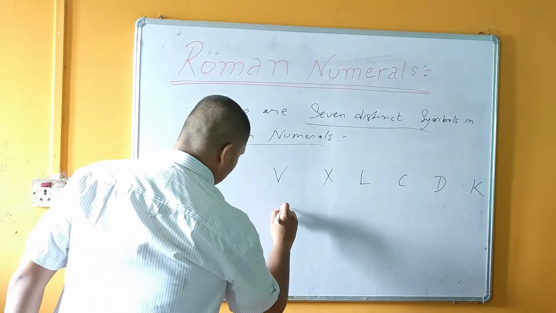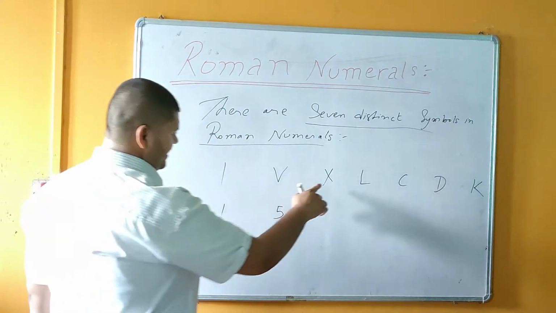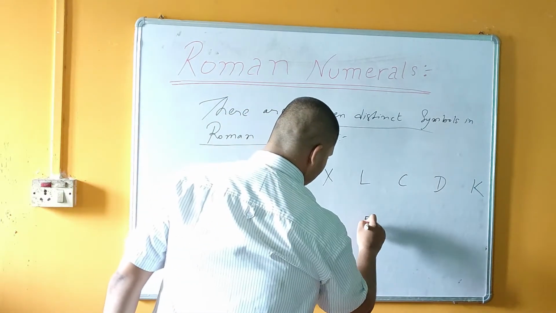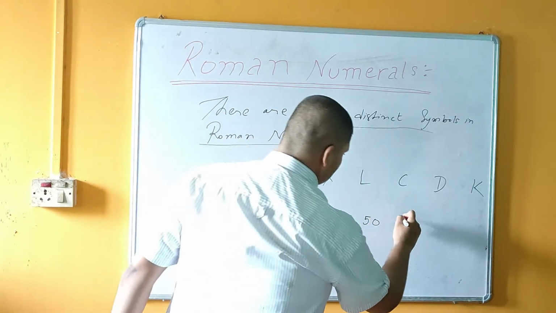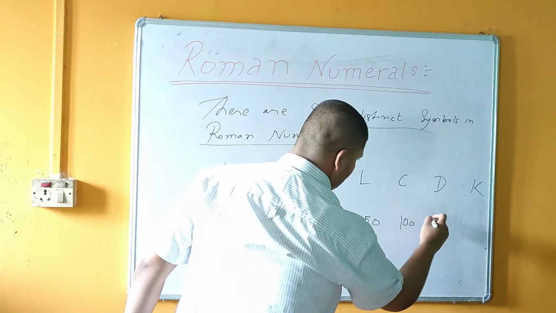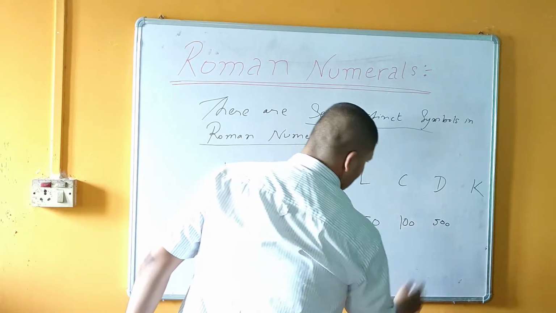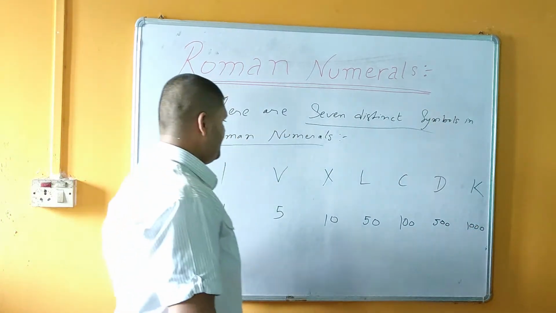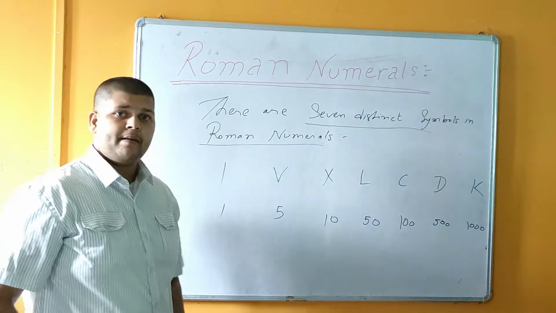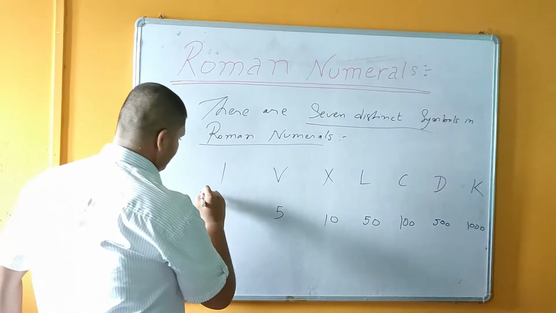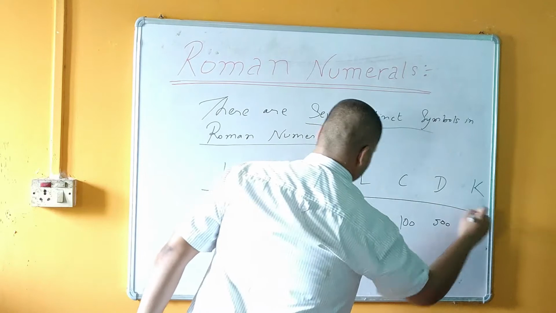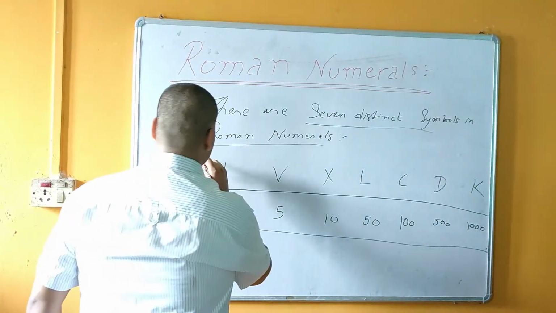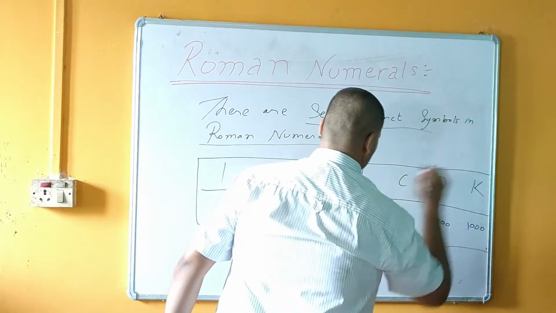This V is 5. This X is 10. This L is 50. This C is 100. This D is 500. And this M is 1000. This table you need to remember first of all. I am making it as a table.